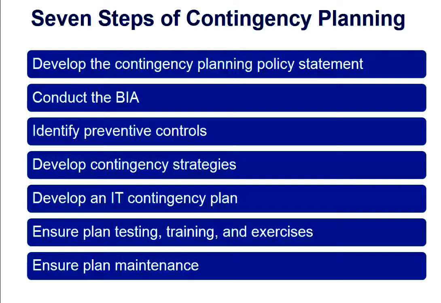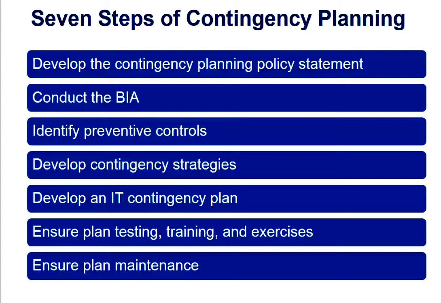There are 7 critical steps of contingency planning. The 7 steps are: 1. Develop the contingency planning policy statement. So you must know where you're going. You develop the policy statement. Basically it's kind of like a mission statement. You can at least start out with that, saying what's our purpose, what are our goals, and this is going to be our policy.